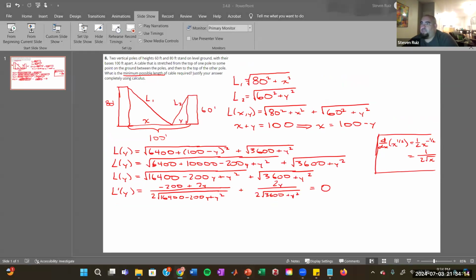So let's do this. First, let me type this out, and then I can actually just go with the original function, then we'll deal with the derivative of that.